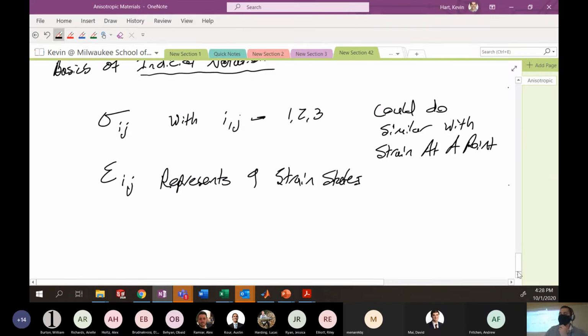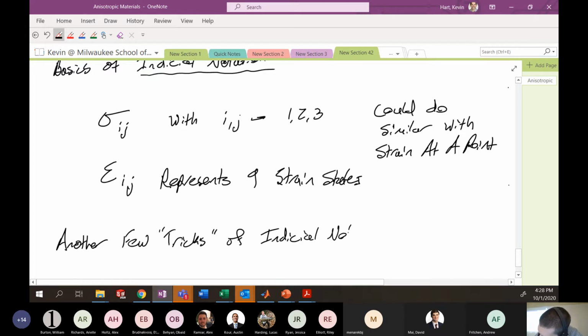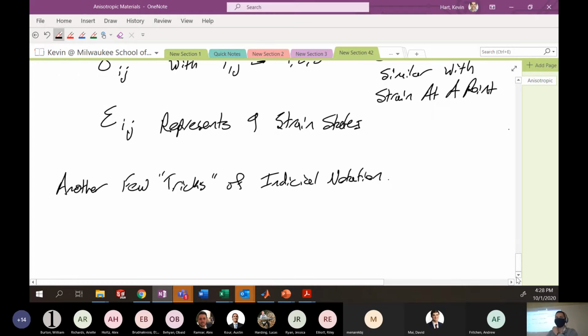Okay? A couple of other things that you'll see with indicial notation. If you've taken a linear algebra class, you've talked about the trace of a matrix. Who remembers the trace?